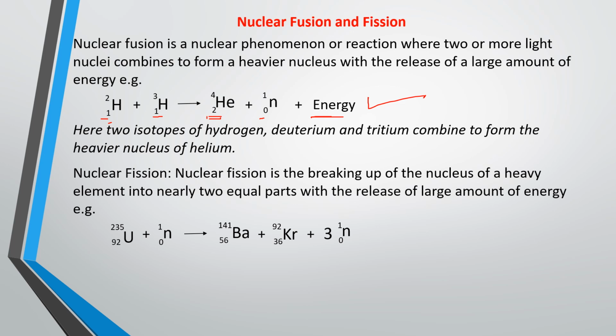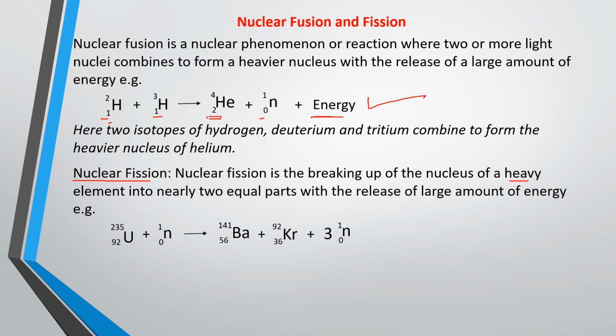Then you have what is called nuclear fission. Nuclear fission is the breaking up of the nucleus of a heavy element into nearly two equal halves with release of a large amount of energy. So this one is like decay, like disintegration of a substance. Nuclear fission is the disintegration of the nucleus of a heavy element into nearly two equal parts.